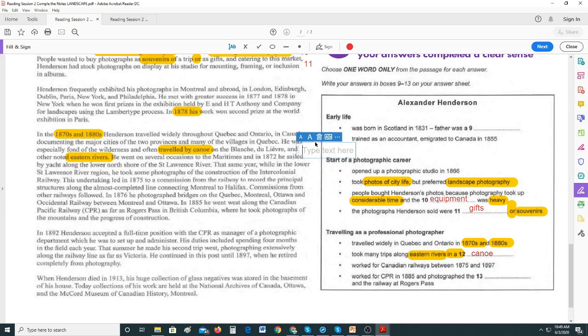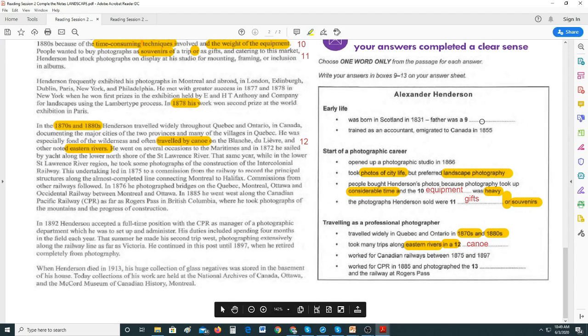Okay. Now, if we go to the next, so we have to write down here, I'm sorry, this is question number 12. So after this number 12, we have to again take keywords from here, and the keyword or words can be 1875, 1897, and then work for CPR. Definitely this is an abbreviation which is clearly a keyword, and 1885 photographed the something and railway at Rogers Pass.